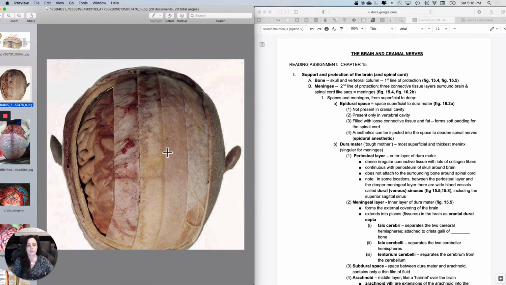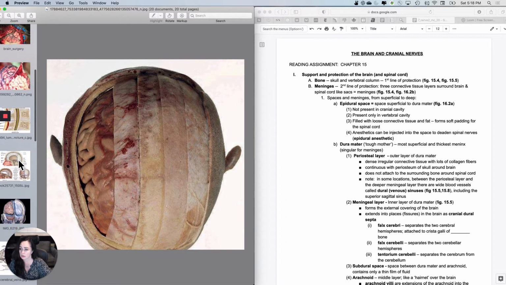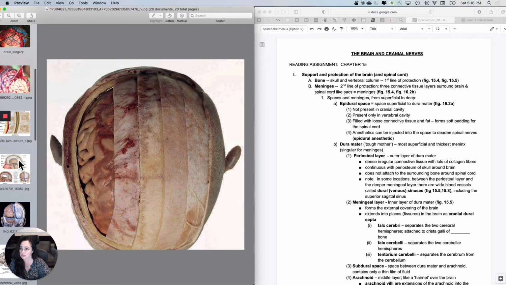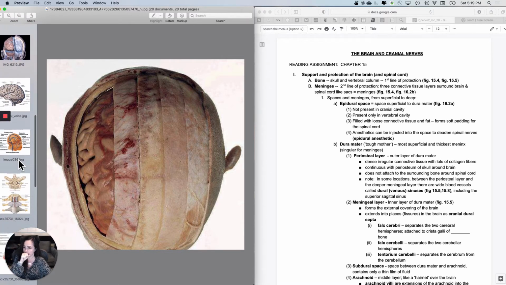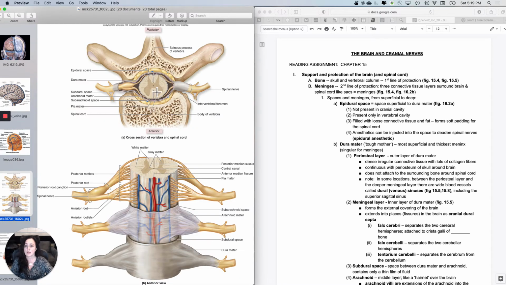Okay, so the spaces in meninges, like we said, from superficial to deep. If you are around the spinal cord, the first thing you are going to run into is the epidural space.